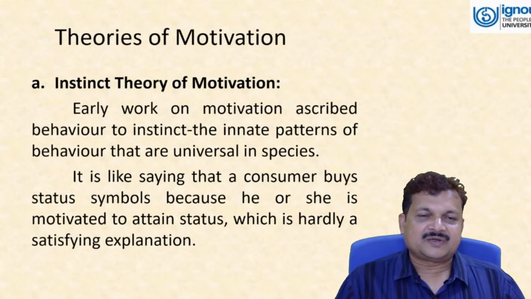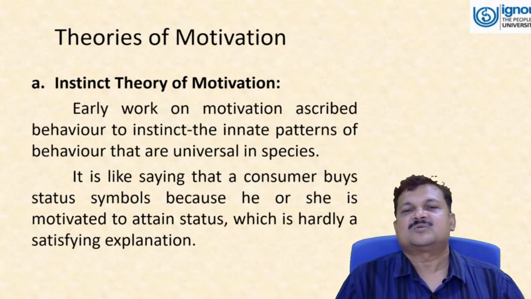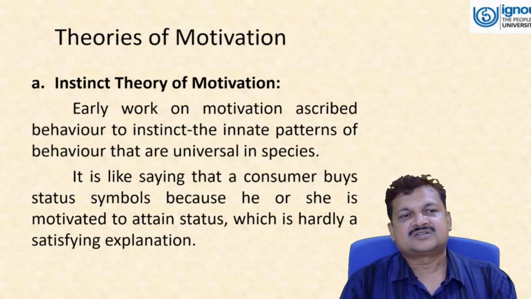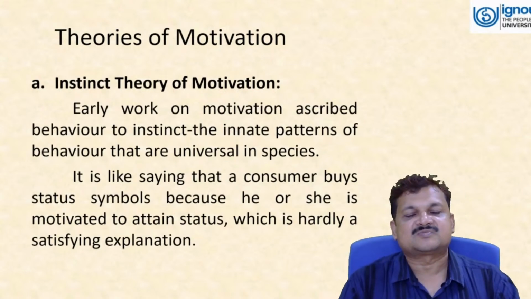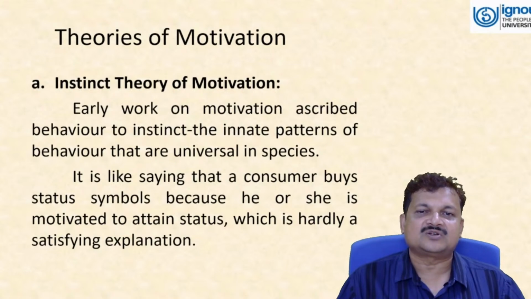This is very often seen in social class differences. People talk about upper class, middle class and lower class. When an upper class person purchases, it is mostly related to the product he is purchasing. He tries to see whether this product is related to his status or not. If it is not related to his status, he may not select that kind of product. A lower class person, when trying to purchase, is always seeing that it is not a status symbol.